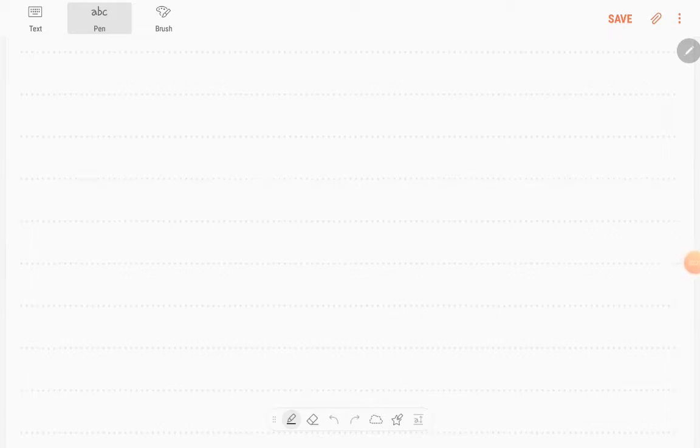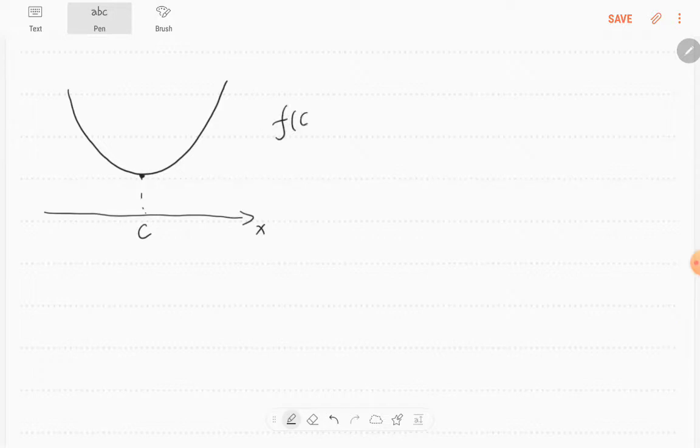Now, we look at how to use the second derivative to locate the local maximum and the local minimum. Before that, let's do some observations. So we have this concave up curve. At this point, the corresponding x value is c, and f of c would be the local minimum, right?